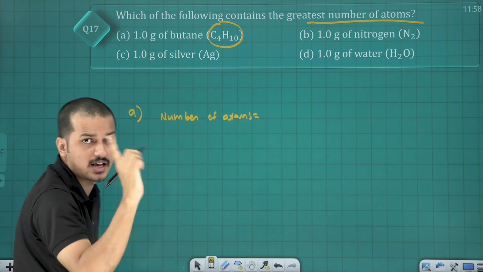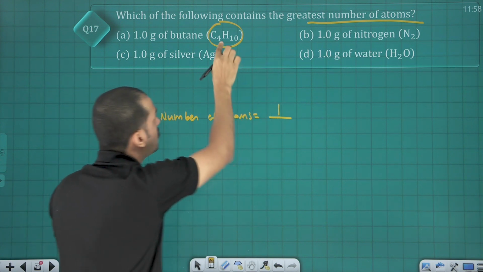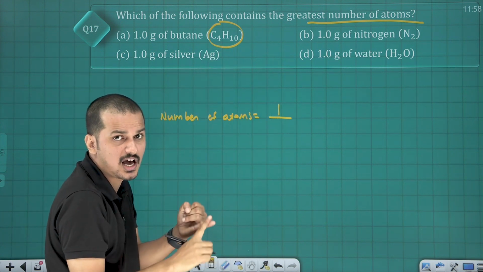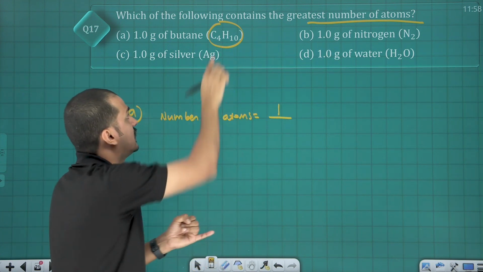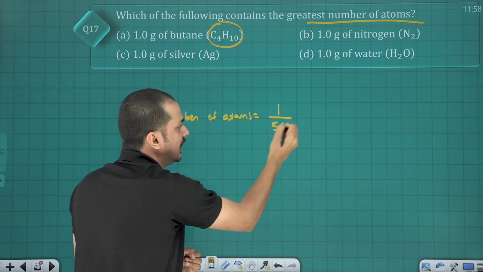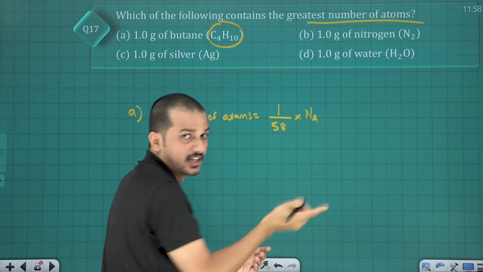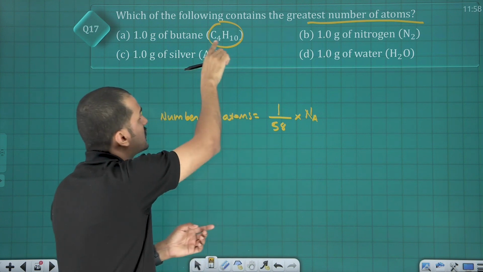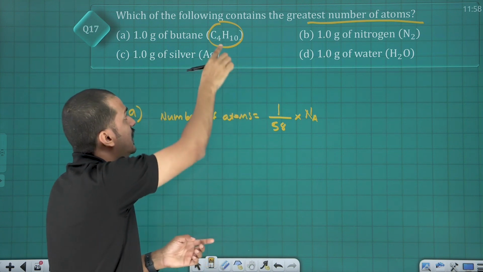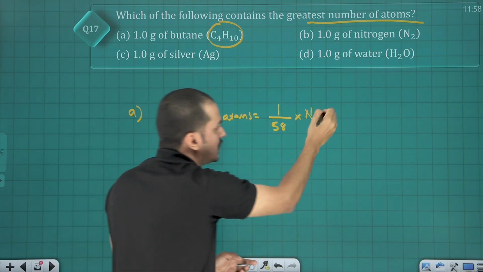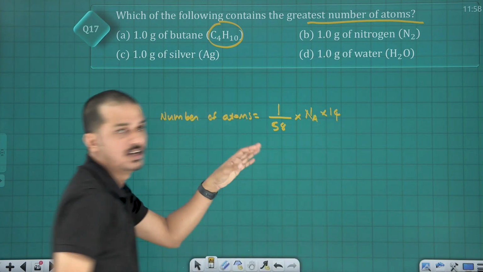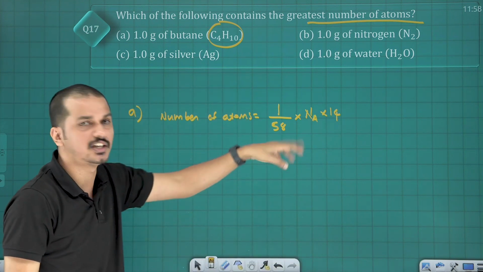Given mass 1 gram divided by molar mass, 4 times 12 is 48, plus 10 means 58, into Na. That many molecules are there. To convert it into atoms, I multiply with the atomicity: 4 carbon plus 10 hydrogen is 14. So 14 by 58 into Na.